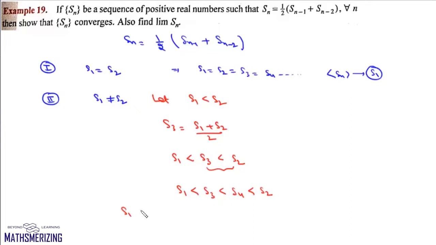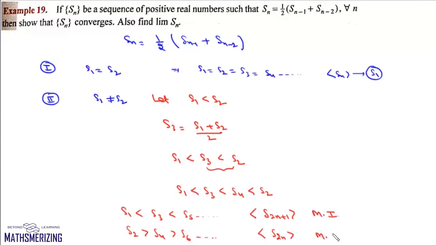Subsequence of odd terms where S1 is less than S3, less than S5, and a second subsequence where S2 is greater than S4, greater than S6. This first subsequence is S2n plus 1, and this second subsequence is S2n. Now this first sequence is a monotonic increasing sequence, and the second sequence is a monotonic decreasing sequence.